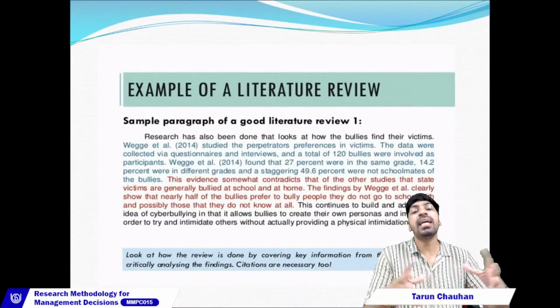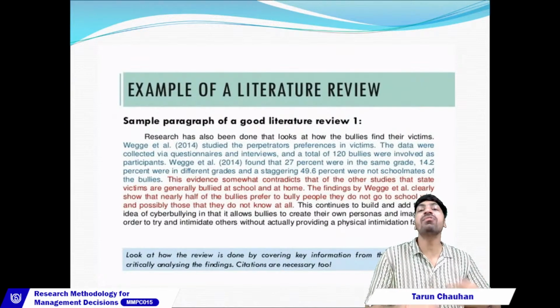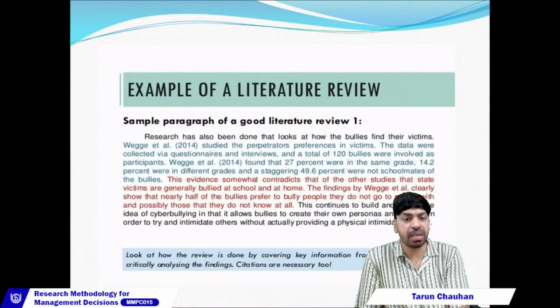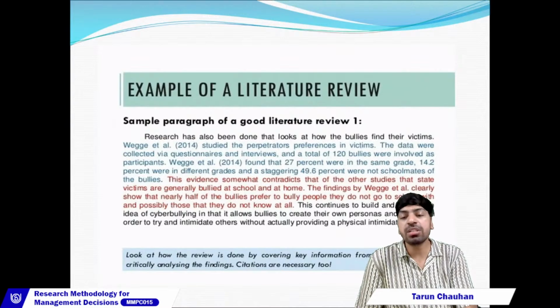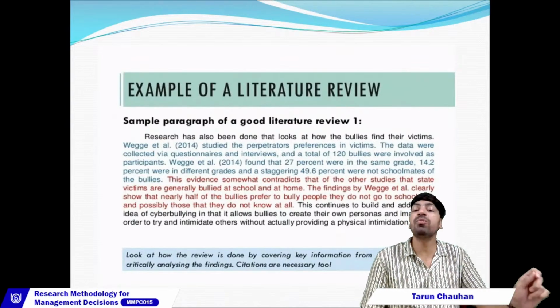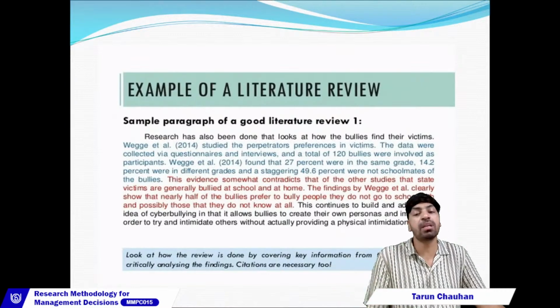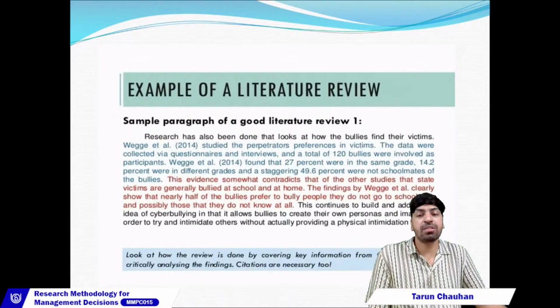So this is the exact topic, and according to the topic, you have to find the literature reviews which are relevant to the topic, right? It is very important that whatever the topic stands for, the literature review is also relevant to that topic only. If it is irrelevant, it becomes a poor literature review.